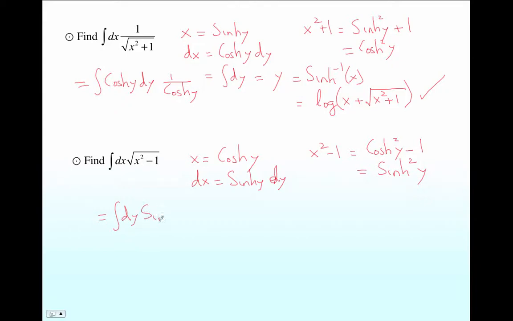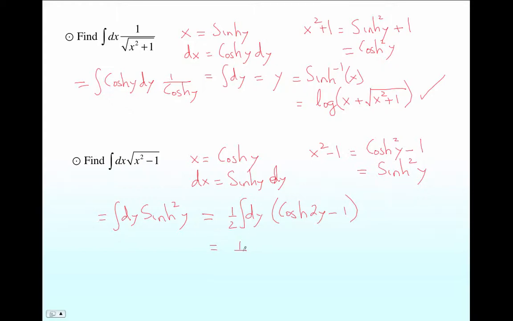sinh squared y. But now we can use the double angle formula that we had discussed earlier. And this is now half of cosh 2y minus 1. But this is an integral that we know how to do.